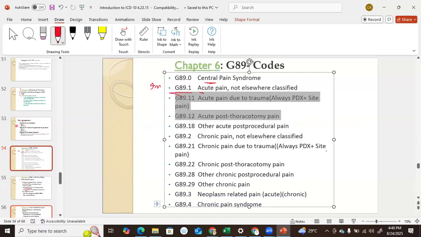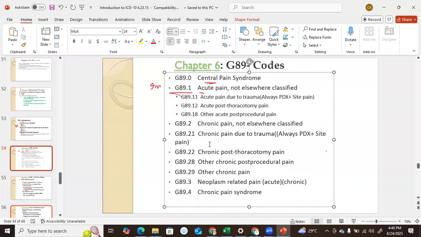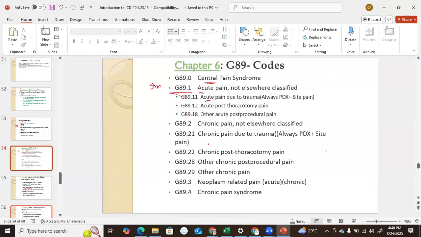Under G89.1, we have three options. Acute pain due to trauma, G89.11, we have to use as primary always. We have to code the site as secondary.